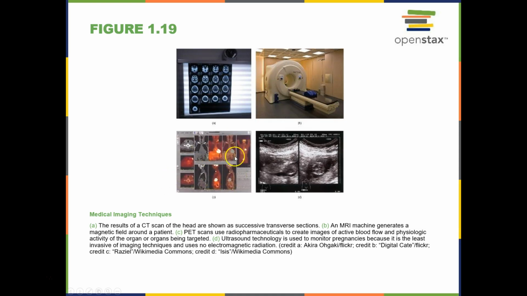This is a PET scan. And PET scans can be used to help you identify blood flow regions or help you identify tumors in the body. And then this is an ultrasound, which is used typically when you need less invasive activities being done.